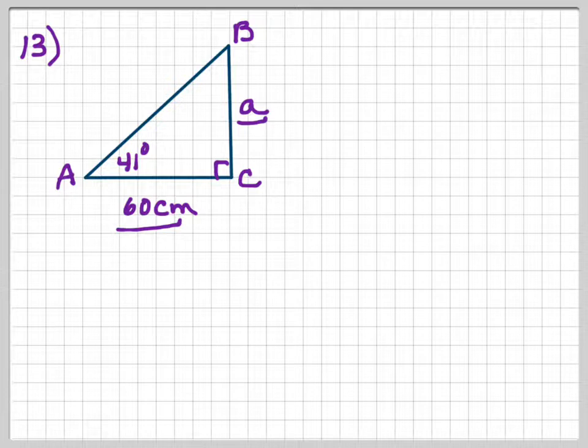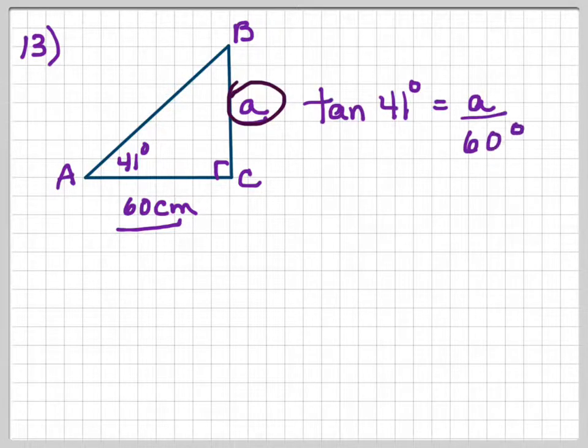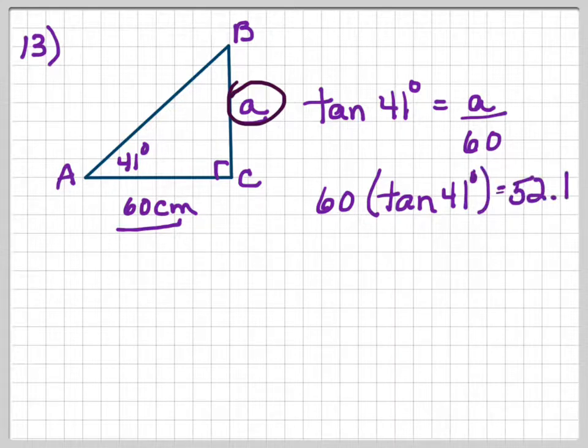So we can say that the tangent of 41 degrees is A over 60. And that means that 60 times the tangent of 41 is 52.1, which to the nearest whole number would be 52.